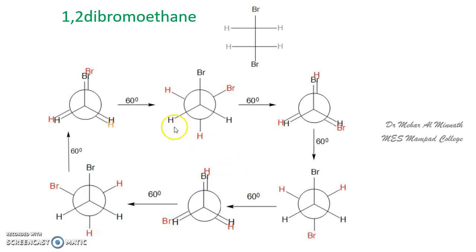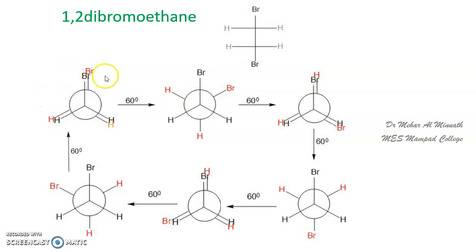Here you have this eclipsed conformer, because in this case the two Br are placed farther apart, but then they will be having some amount of repulsive force acting between bromine and hydrogen.